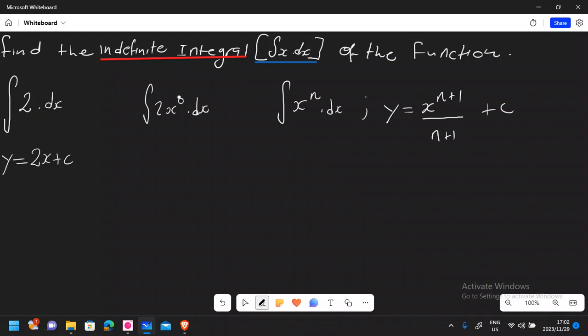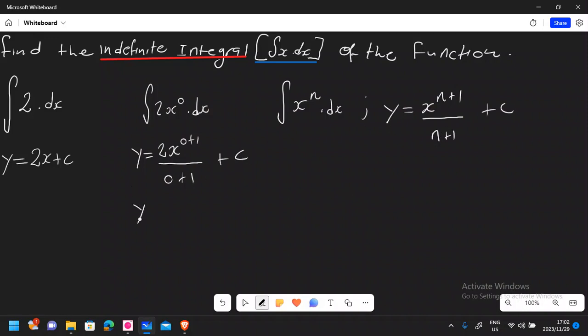Do you guys see? Now when you integrate, obviously your y is going to be 2. This is a coefficient, and then you have x to the power of 0 plus 1. Remember, your n is 0 here, divided by 0 plus 1, as you can see here, and then plus c.